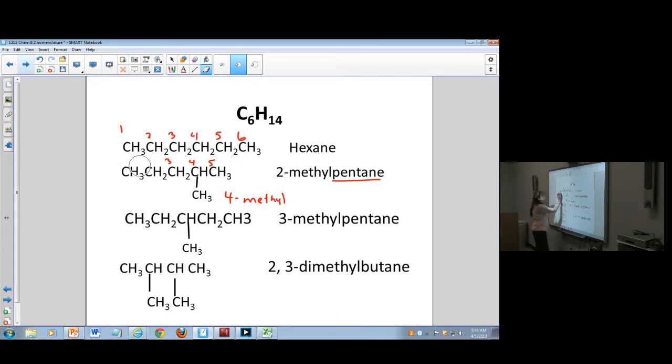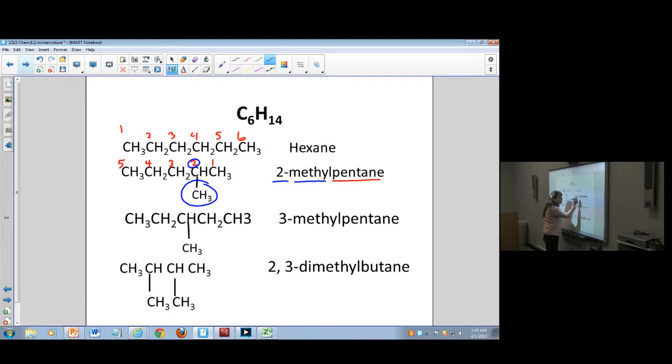But remember, we always give it the lowest possible numbering. So we start backwards here. 1, 2, 3, 4, 5. Now with the lowest possible numbering, I can see that my substituent is on carbon 2, and that substituent is just 1 carbon, so 2-methyl, not 4-methyl.